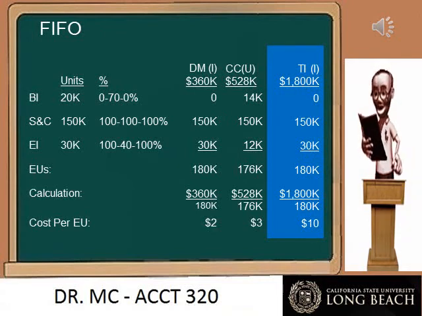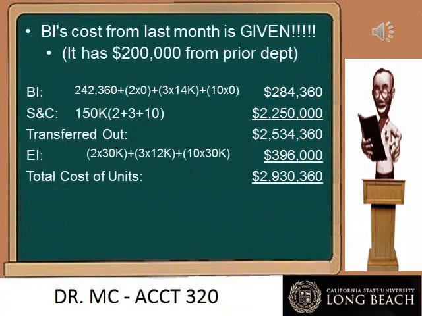We will now calculate the cost of each group of units using this new information. Please remember that beginning inventory's cost from last month is given. You don't calculate anything. That cost is $242,360 when the Department 1 costs are included. With FIFO, you add this month's cost to complete the beginning inventory to the cost from last month.